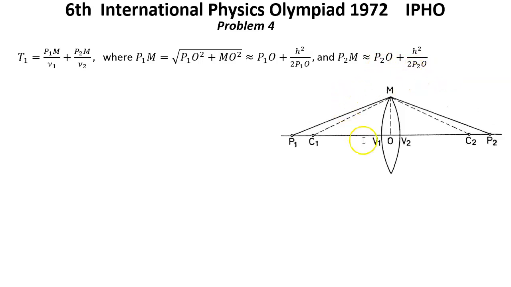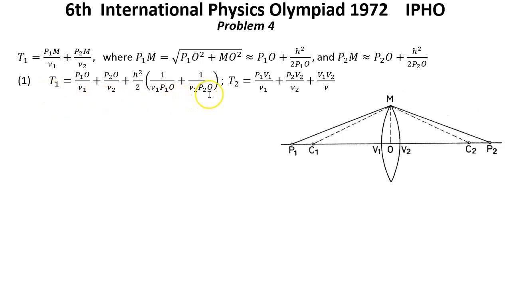This is because h equal OM is much smaller than P1O or P2O. So we have T1 equal approximately this expression.